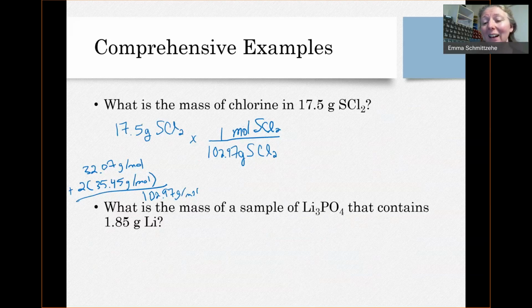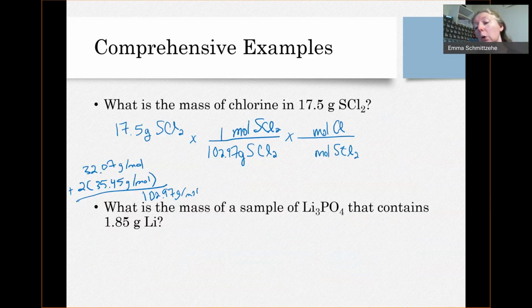And then I can go through and convert my moles of SCl2. I can convert that to moles of chlorine, and that'll get me a step closer to the end goal, right? Because I want grams of chlorine, but I can't go from moles of substance to grams of something in it. I would have to find out how much of that thing I have.